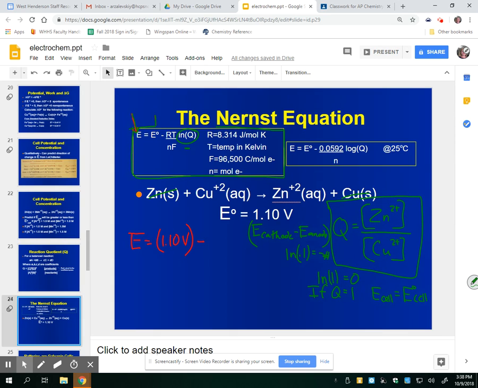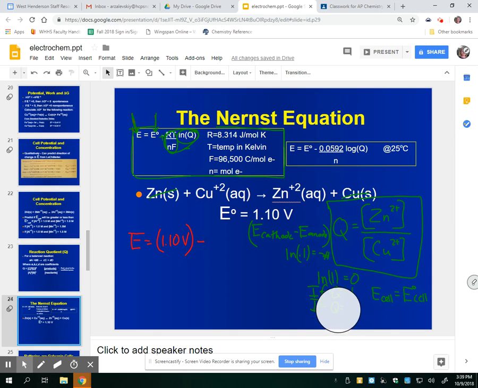A negative times this value, which is a number, and we're subtracting, makes this whole term negative, which means we in turn add that number to our cell potential. That makes our cell potential greater than our standard cell potential, because we're adding more to it.